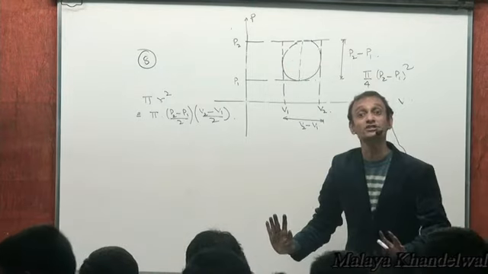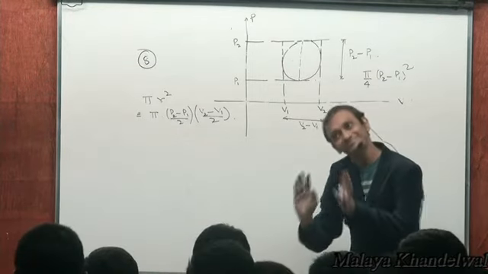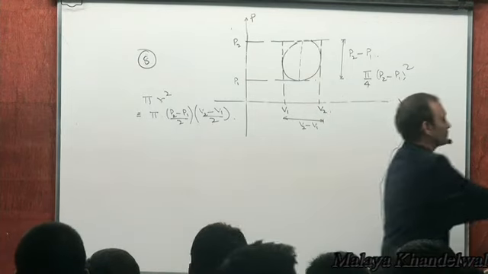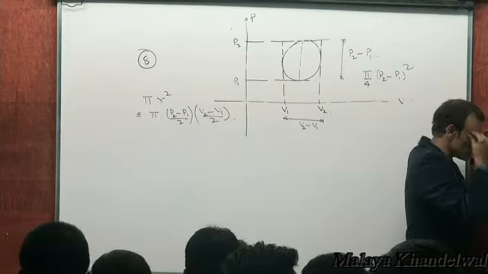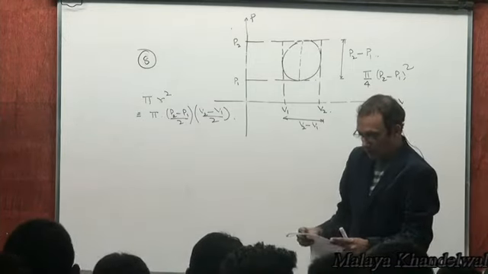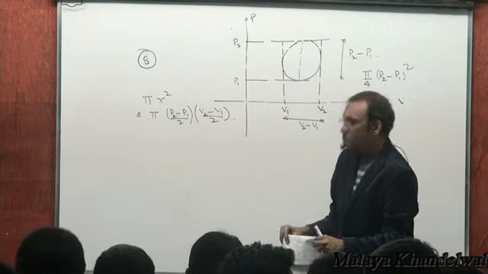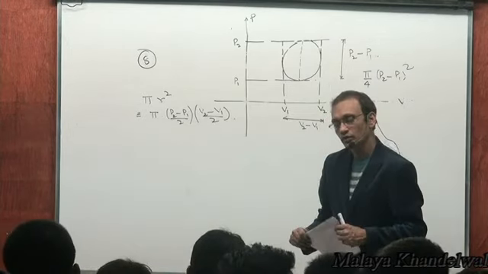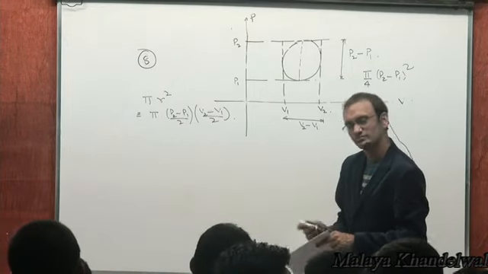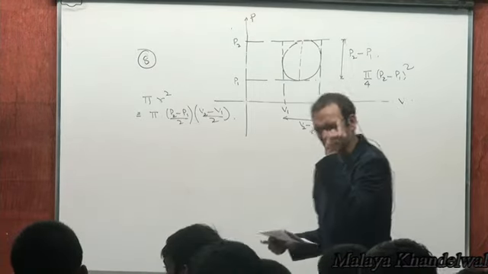That way you will get it dimensionally correct. Yes, absolutely, pi AB kind of a thing. Even if it is not a circle, it will still give you the same area. It will be an ellipse, and pi AB is the area of the ellipse.